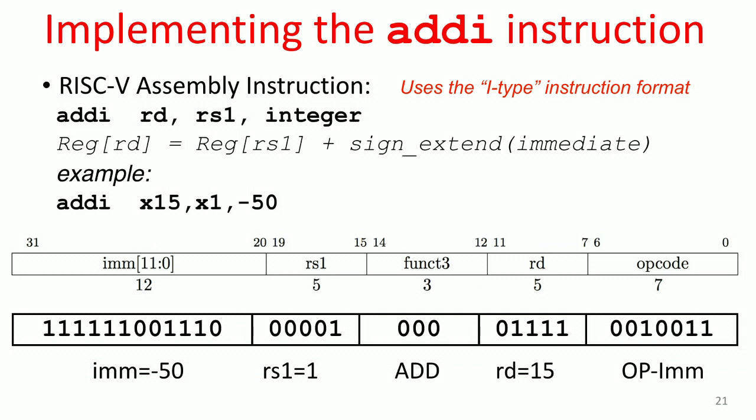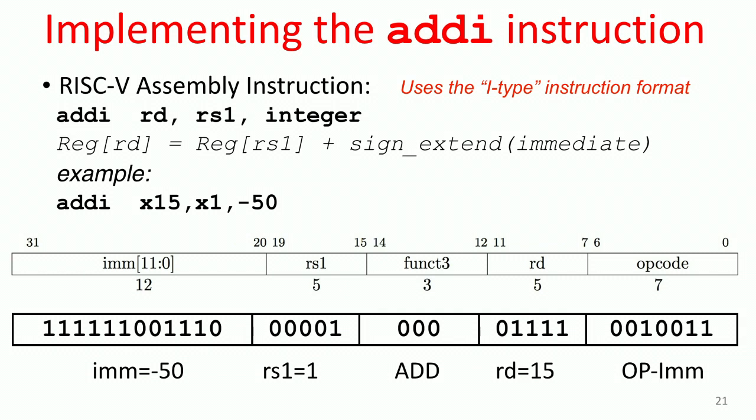The instruction is 32 bits, so we don't have a 32-bit immediate. We're going to have a 12-bit immediate. But we need to turn that immediate into a 32-bit value in order to send it into the ALU and add it to this 32-bit value coming out of the register file. So we'll sign extend it. That's what we're going to do: sign extend the immediate.